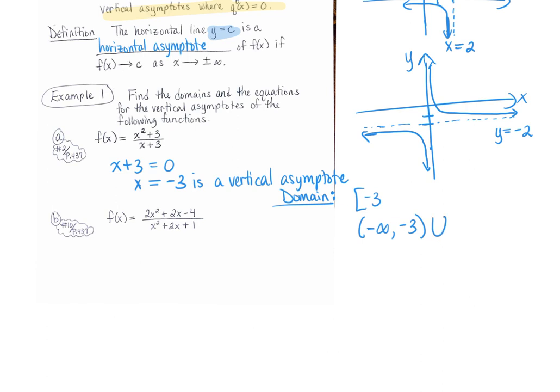Union. Union what? Negative infinity and infinity. You're saying we take negative infinity to -3, union negative infinity to infinity.